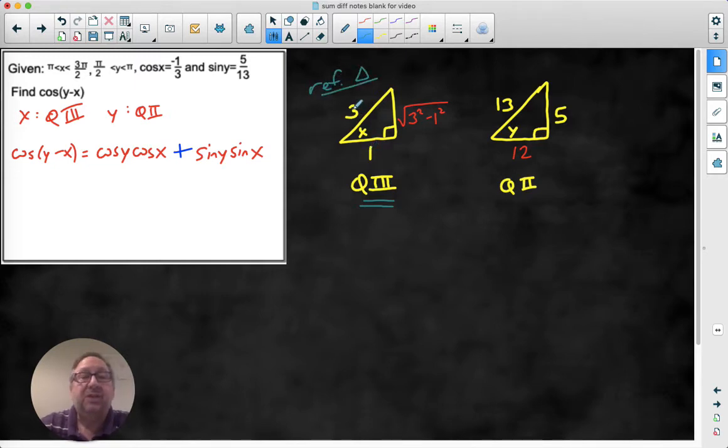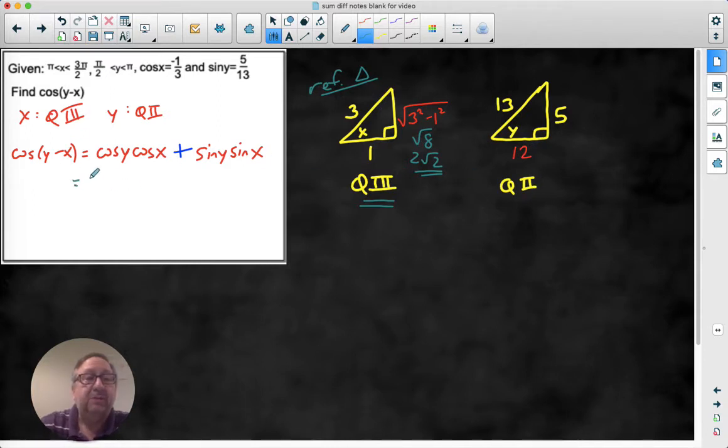So I've got a cosine of 1/3. Pythagorean theorem gets me the missing side as the square root of 9 minus 1, the square root of 8, or if you prefer 2√2, and I prefer 2√2. Second triangle, the sine is 5/13, missing side is 12, and it's quadrant 2. We'll deal with those signs in just a minute.